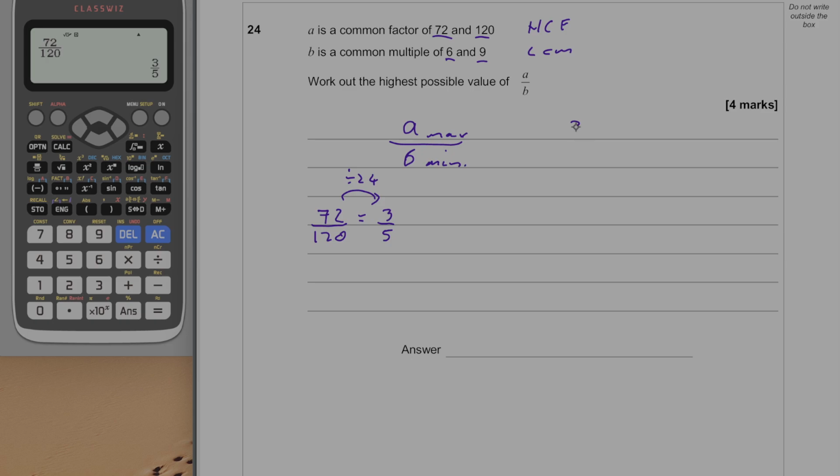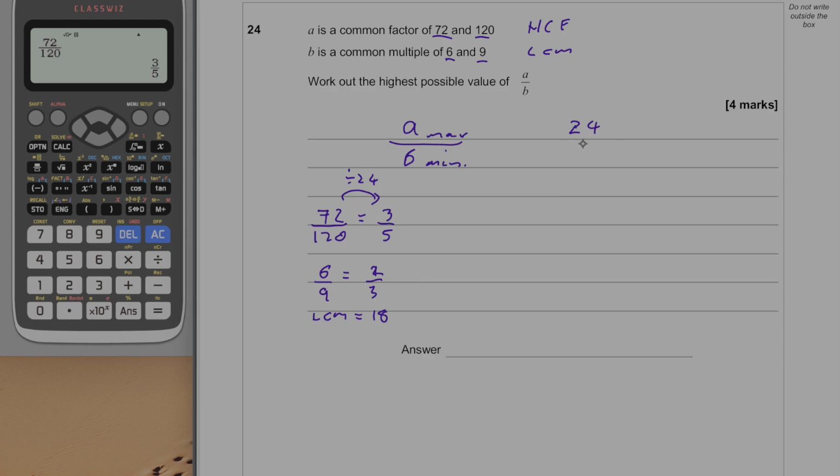So I'm looking at 24 divided by the lowest common multiple of 6 and 9. Again, you can do this the same way. 6 over 9 is the same as 2/3, not 1/3. The lowest common multiple is either 6 times 3 or 9 times 2, so it's 18.